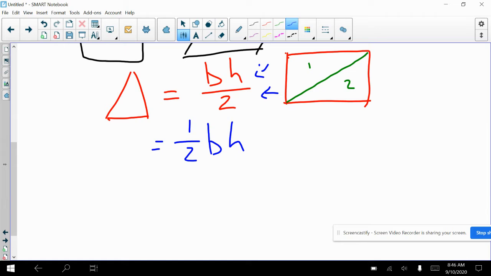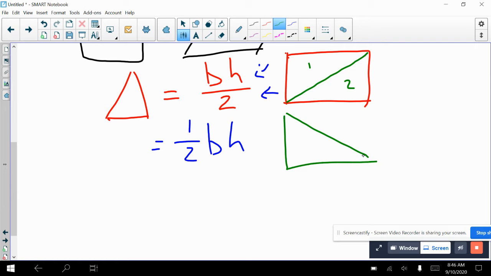So far, so good? Do these formulas work for a right triangle? Yes, of course. It's a triangle. Nothing changes.